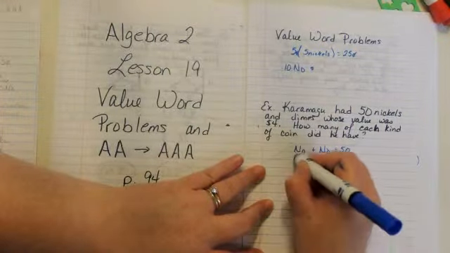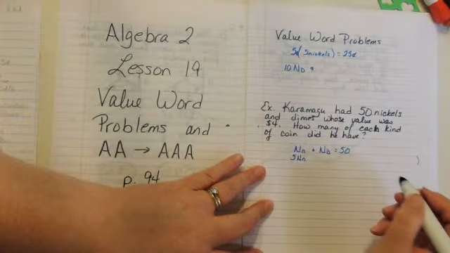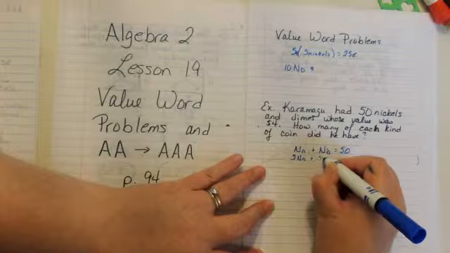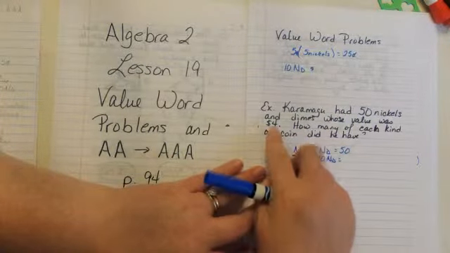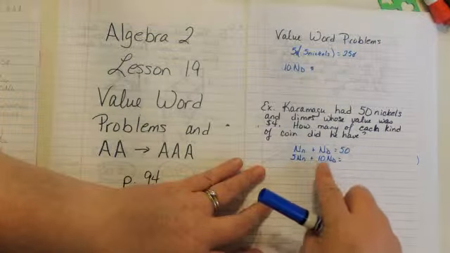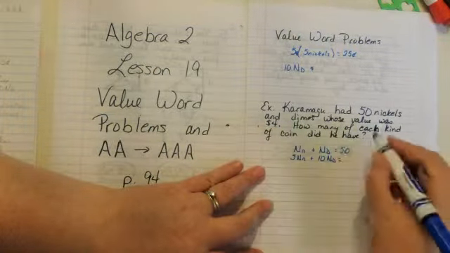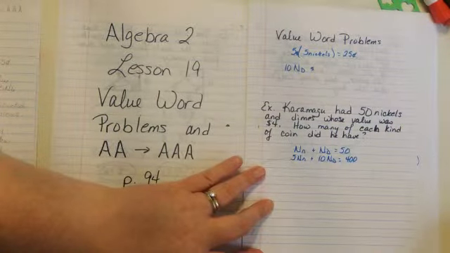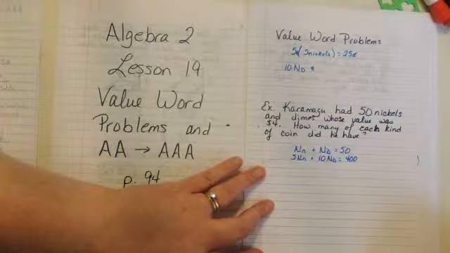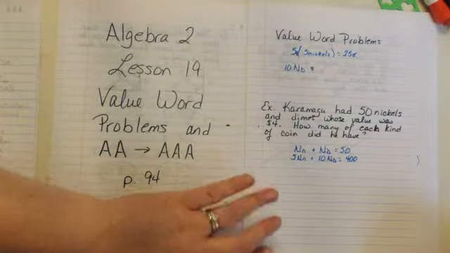The value of the nickels is 5 cents, so 5 times the number of nickels plus 10 times the number of dimes equals $4. Now remember, we're doing these values in cents, so we need to change the $4 to cents also. So it'll be 400 cents.